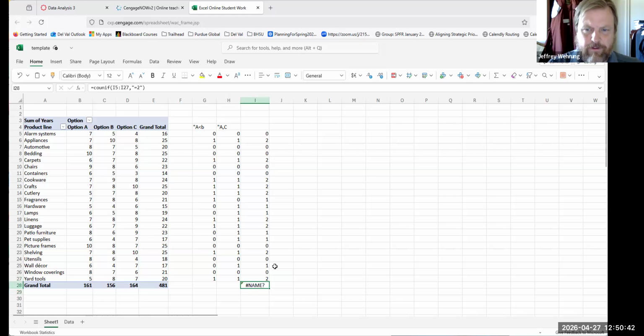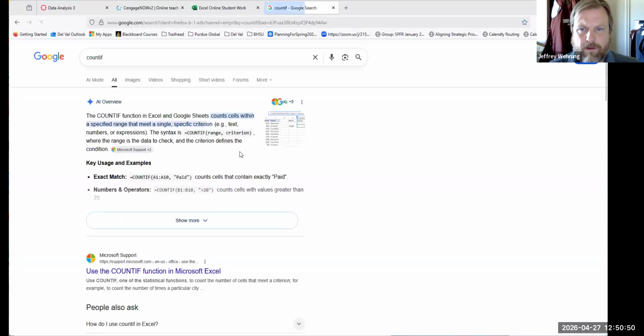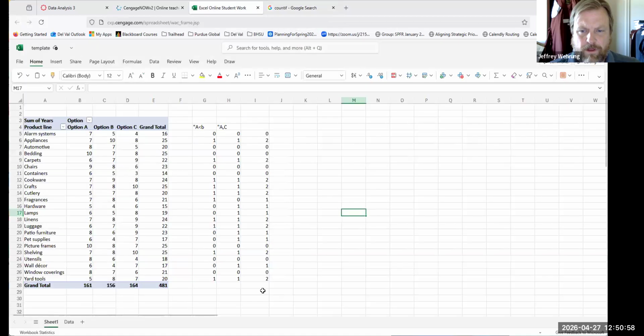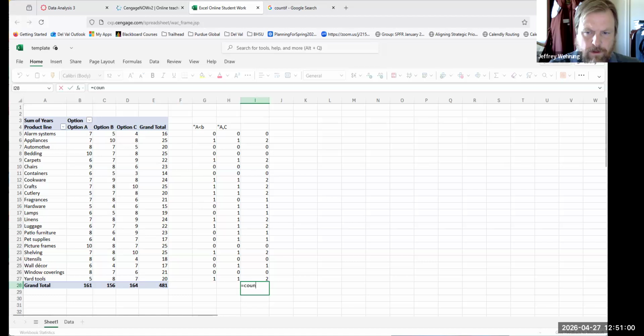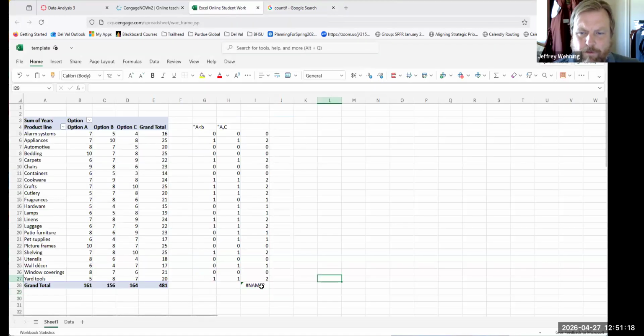I feel like I'm doing the COUNTIF function wrong. The range and then the criteria equals 2. I am just really, for some reason, the COUNTIFs are not working on here.